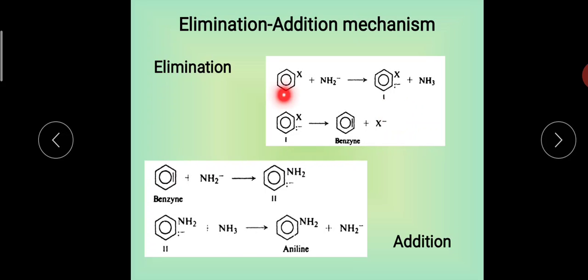Well, if you see the steps of this reaction, you will see that before this carbon halogen bond is even broken, a proton is abstracted by the nucleophile, right? So this can happen only when this carbon and halogen bond is strong enough, that is, it is reluctant to break. Okay, so that can happen only if this halogen is fluoride.